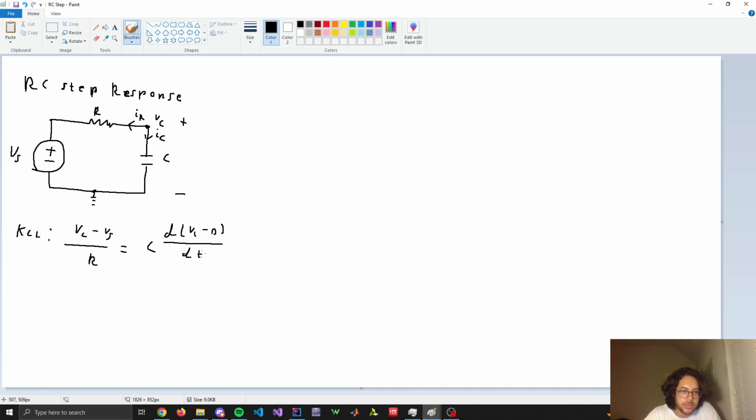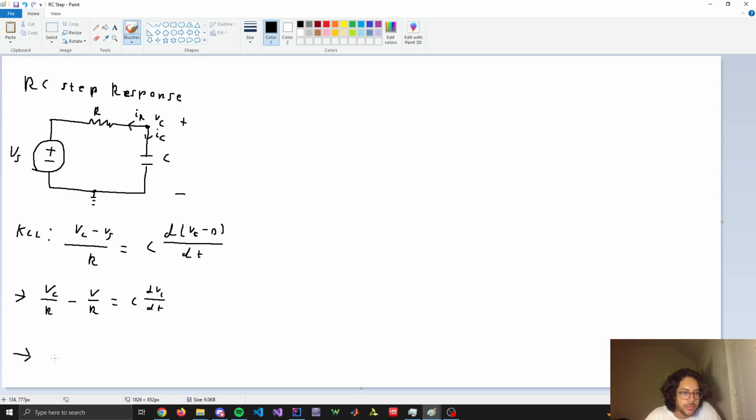And remember the derivative operator is linear, so this is the same thing as dVc over dt minus the derivative of 0, but that'll also just be 0. So rewriting this, we have Vc over R minus V over R is equal to C dV over dt.